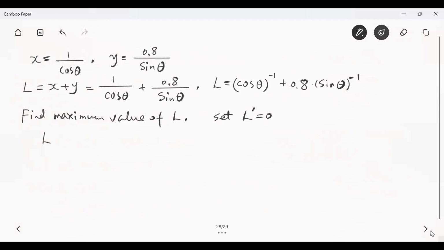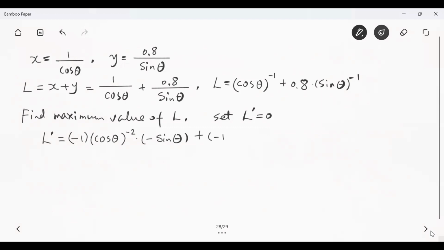Then how to find the derivative? The first term is cosine theta to the -1. So use the power rule: put down -1, and then cosine theta to the -2, right? And the inner function is cosine, so its derivative is negative sine theta, right?